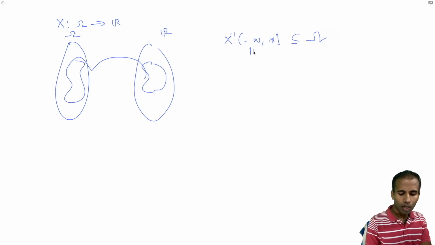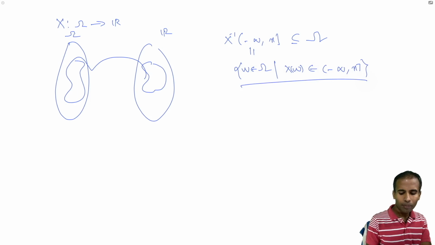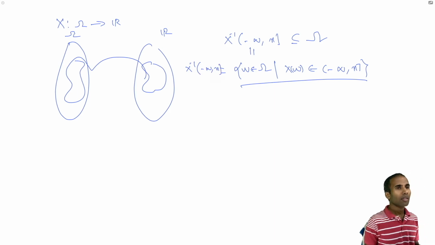How do you understand this? It consists of all outcomes in omega for which X of omega is sitting in the interval minus infinity to x. This is exactly what we mean by the inverse image of minus infinity to x.